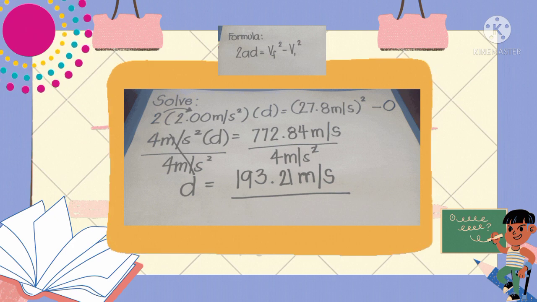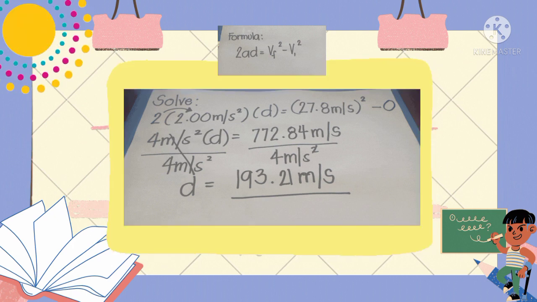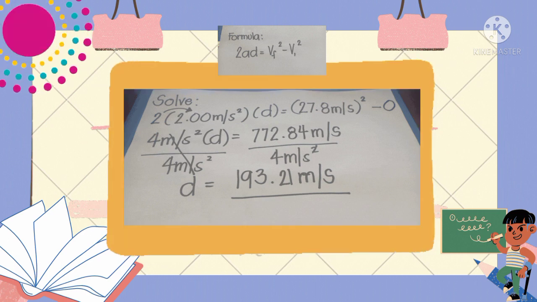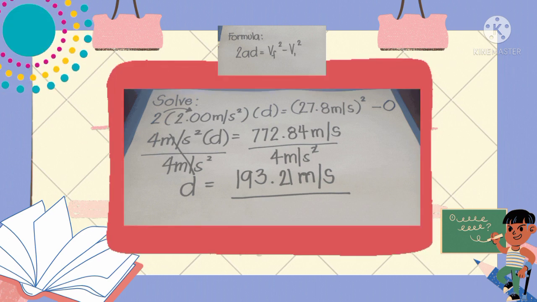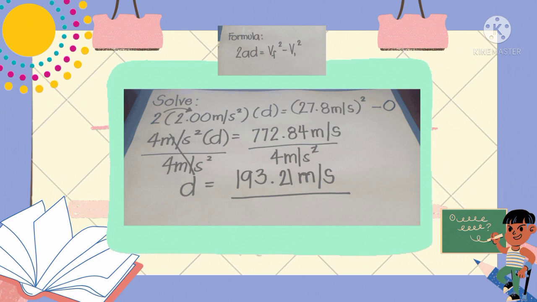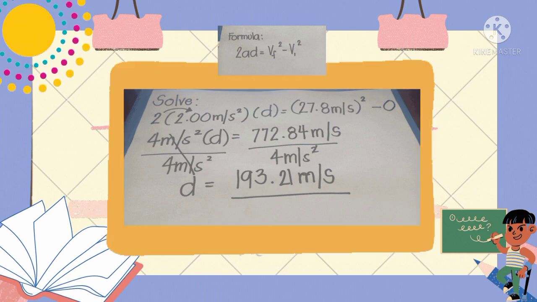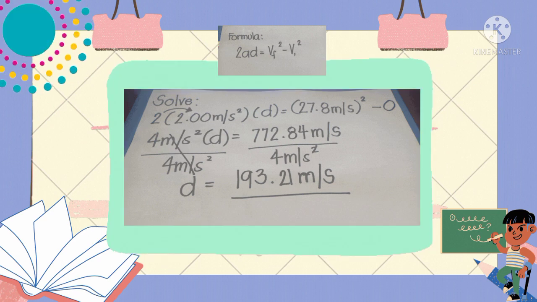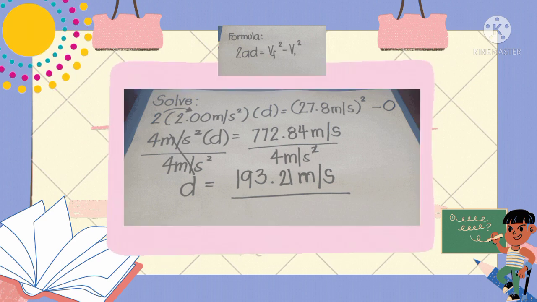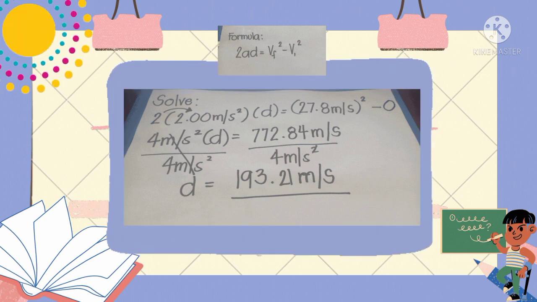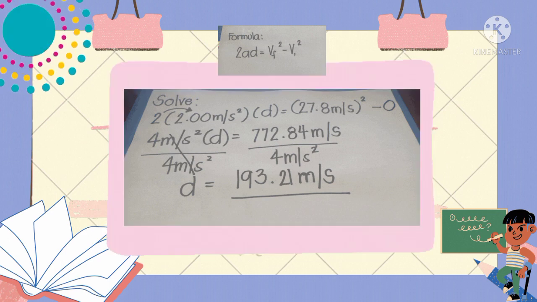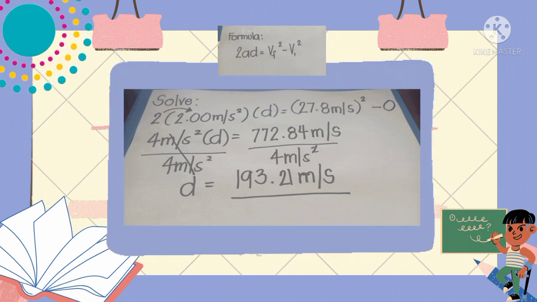The next step will be we need to divide both sides by 4 meter per second squared, in order to cancel this one and let the displacement be alone on the left side in order to compute the value of displacement. So 4 divided by 4, it's cancelled.